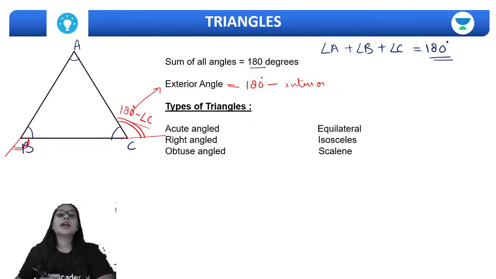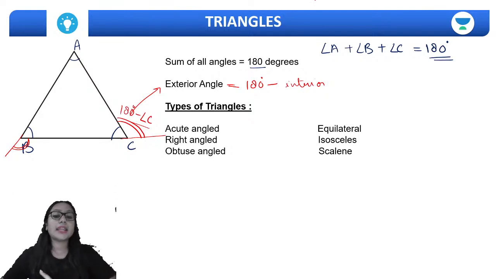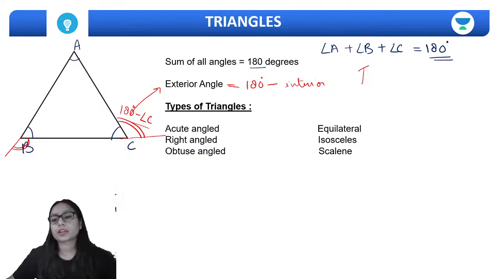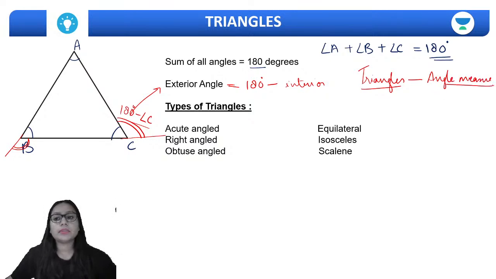Okay, all right. Now let's see what are the different types of triangles. Triangles can be divided into two broad categories. Let's see how. If I divide all the triangles into subcategories on the basis of their angle measure, can you tell me how many types of triangles there would be under this category? Just think for a minute and tell me.